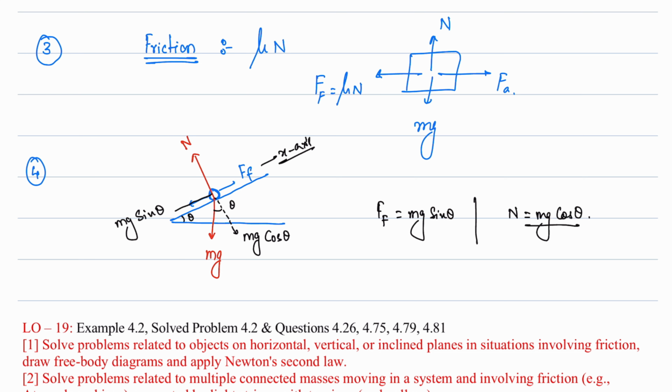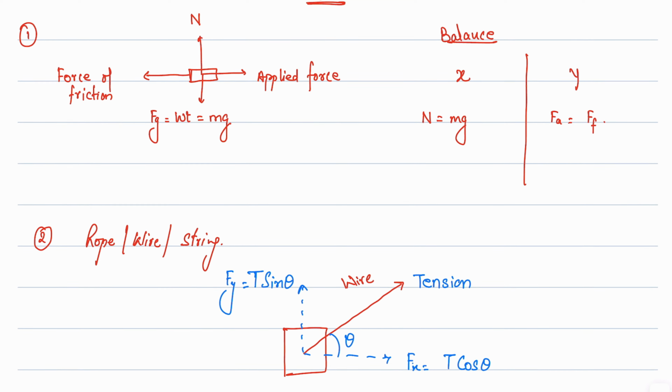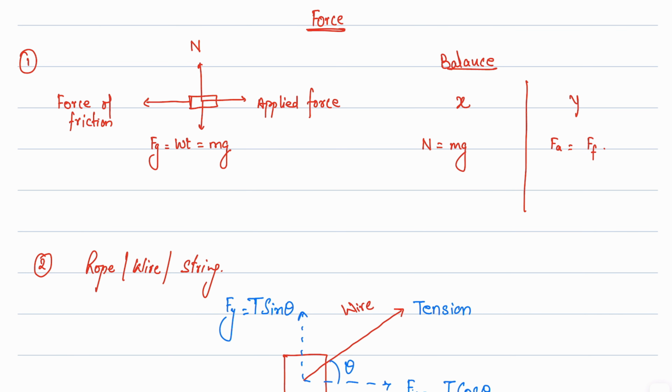Okay, I will just tell you the word called net force from the beginning so that you can relate to that. Let's say your applied force is more, and the body is going this side. So can I say FA, the applied force, is greater than the force of friction? So the body is going towards the right.